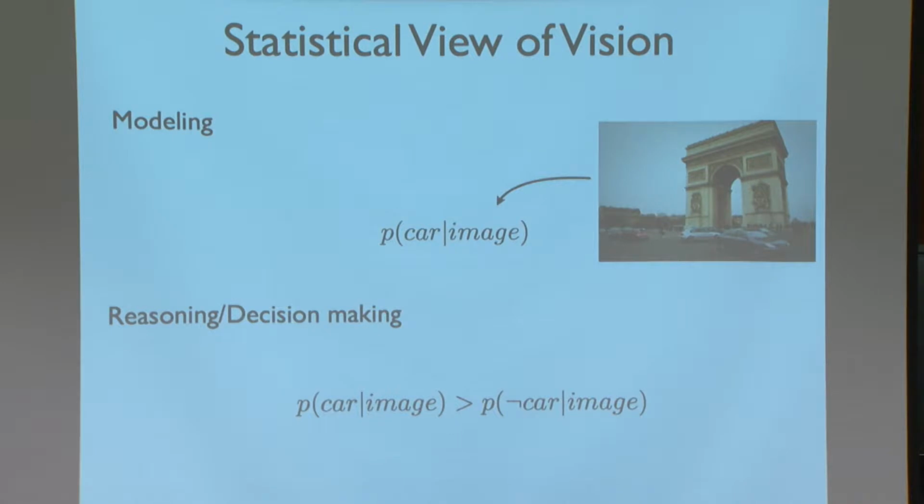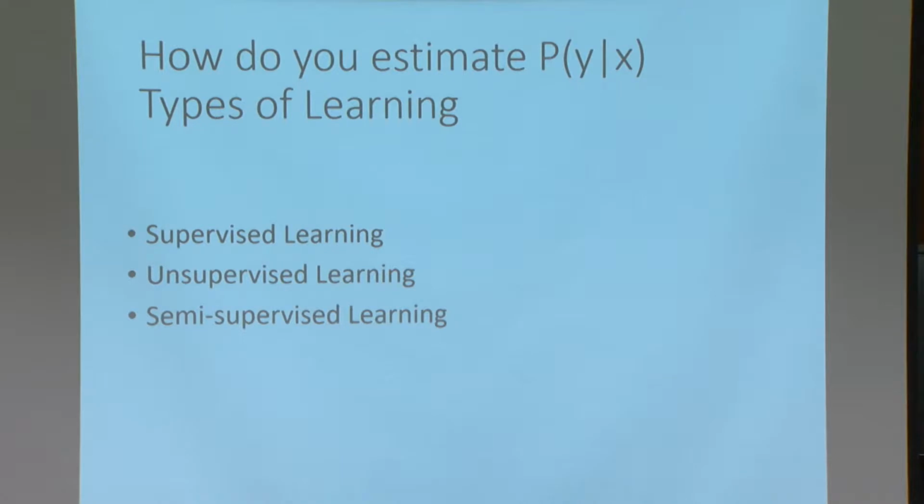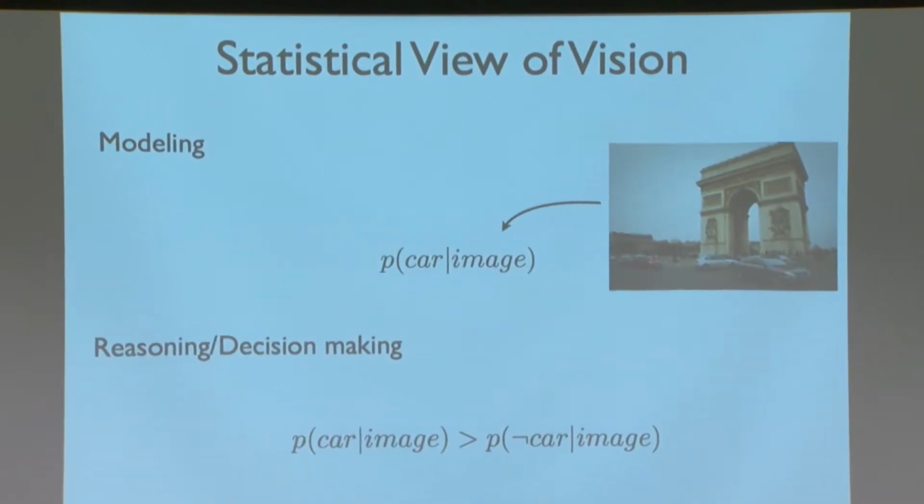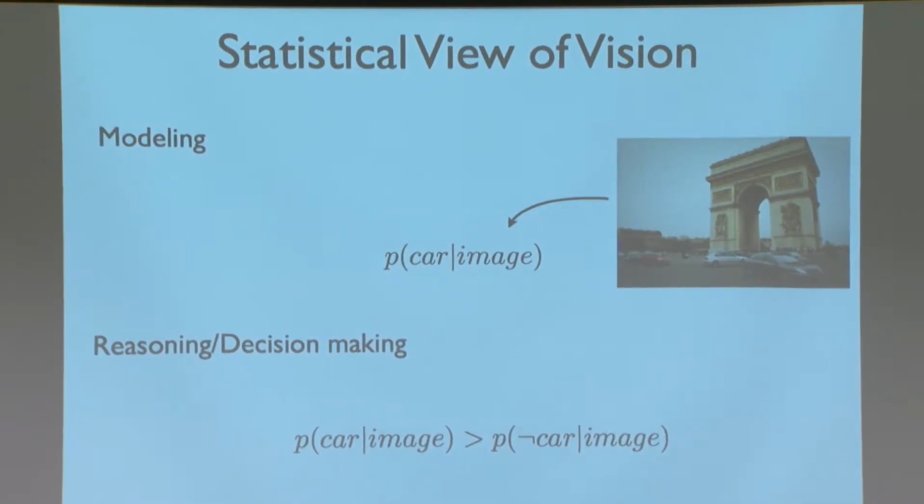Then the probability of having a car in the image is greater than the probability of not having the car in the image. And this could be extended to where the car is. Then it would change based on each pixel. So you would define probabilities for each of the pixels, and then tell whether this pixel belongs to the car or not. And that is how you would segment the car out of it.